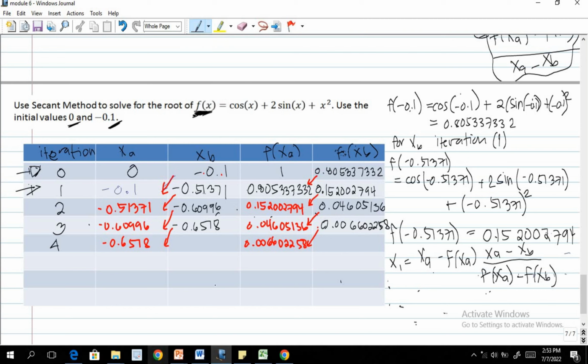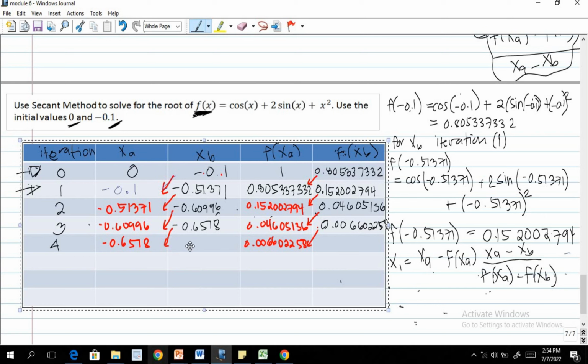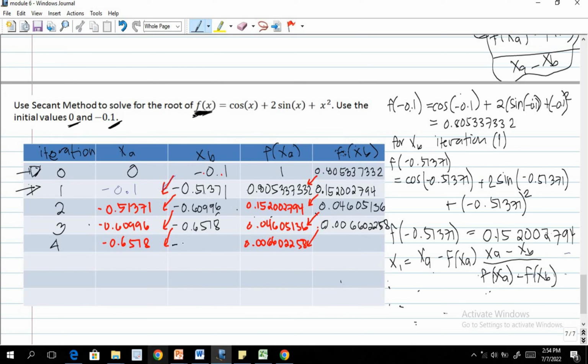Hindi pa ako pwedeng tumigil, as I've said a while ago. Kailangan almost 0 si XA at saka si XB. So this is negative 0.6588, and this is 0.00004.